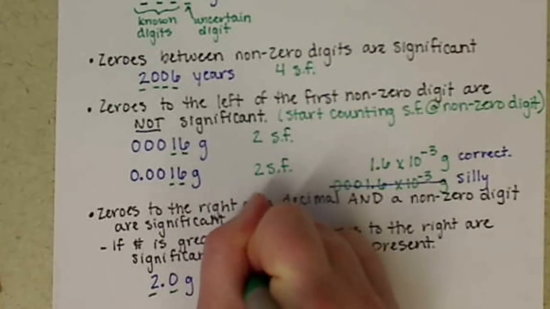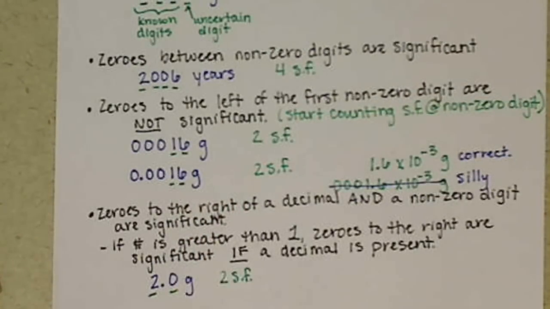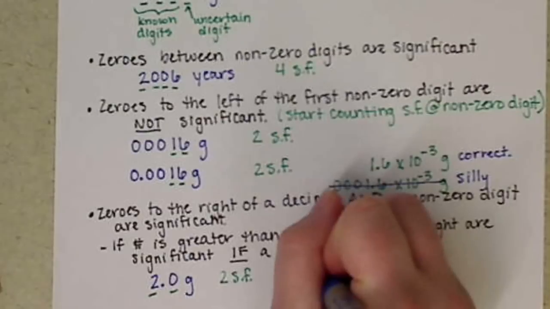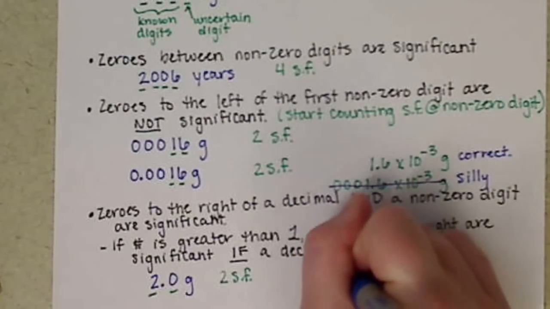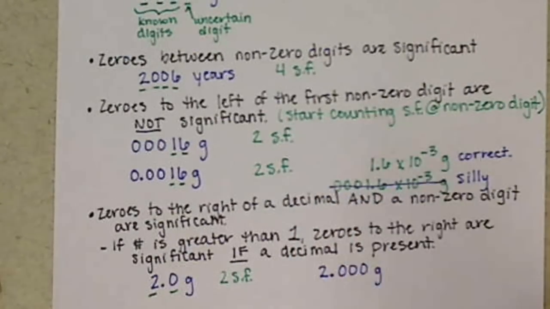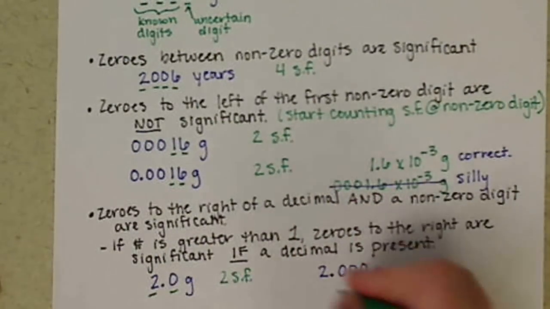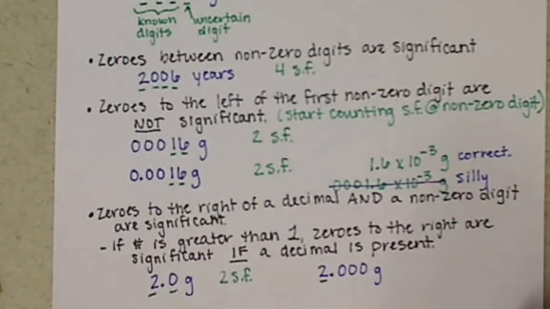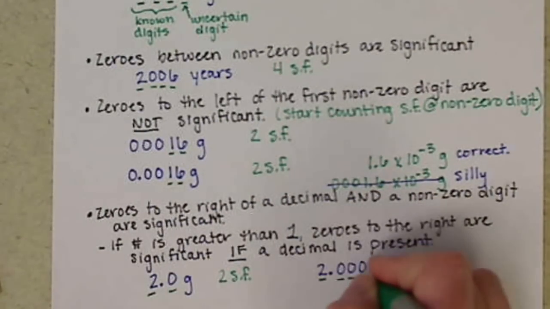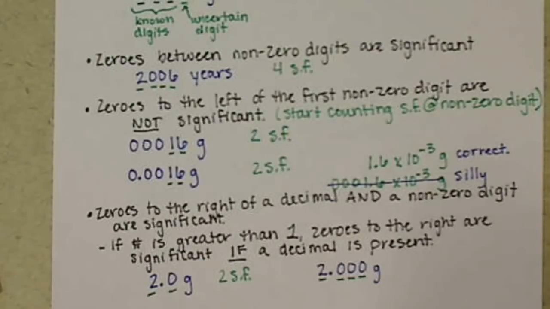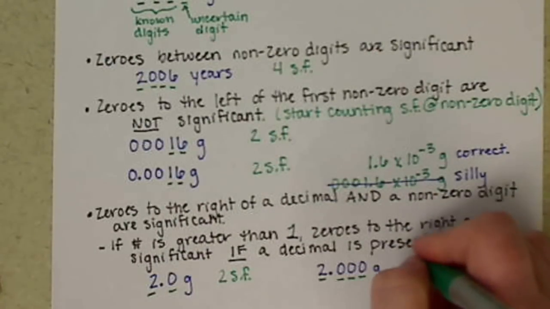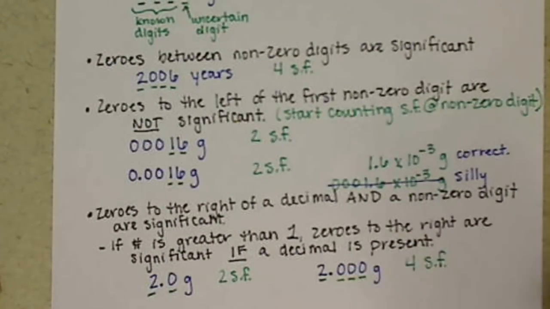So this is 2 sig figs. If we wrote this number as 2.000 grams, the 2 is significant because it's non-zero, and all 3 zeros are significant as well. So this would have 4 sig figs.